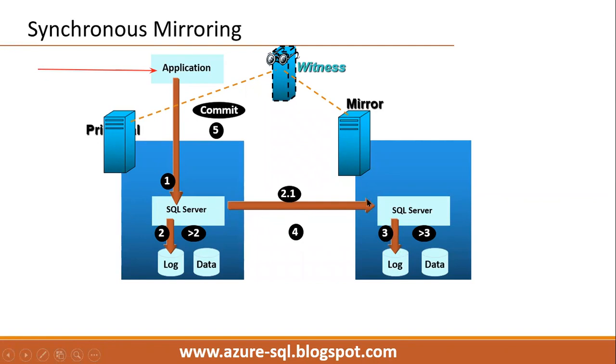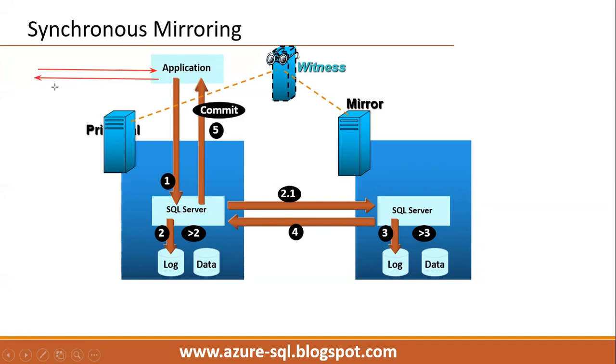Once the changes are applied to the log file successfully, the mirror sends an acknowledgement back to the principal, saying the changes were written successfully. Now the principal responds to the users. Until then, the application is waiting for the acknowledgement. Once the user gets the acknowledgement, the transaction is a success.